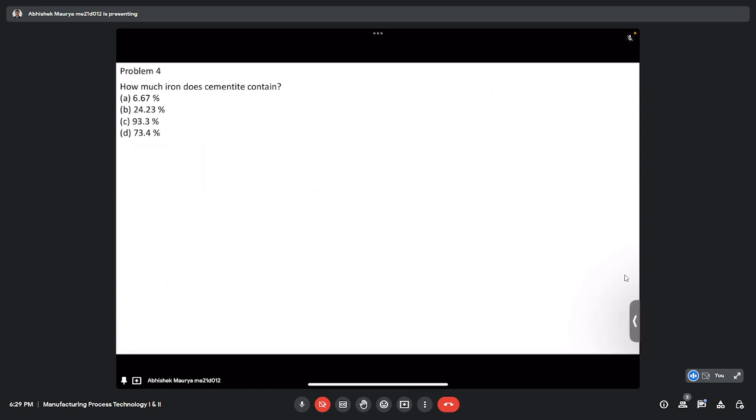It has been asked, how much iron does cementite contain? Cementite means what? Fe3C. So if you know, then let's try to calculate the weight of this composition.